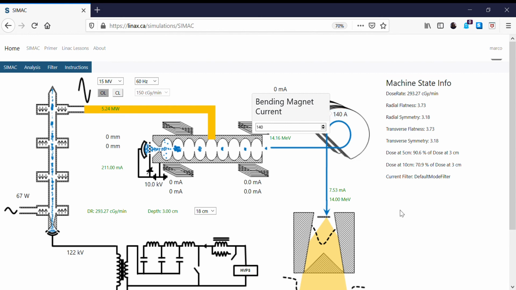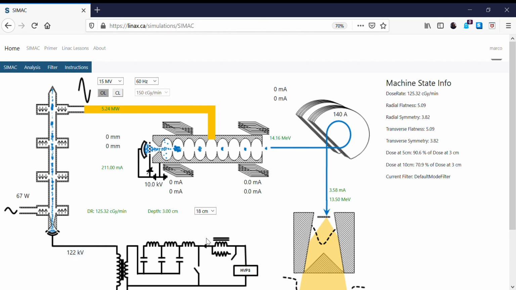So when I hit enter now, our dose rate will drop off even further. That's because our bending magnet now is only allowing electrons of 13.5 MeV through, which is lower than the accelerator set energy of 14.16, which is what happens because of the reduced klystron pulse voltage.